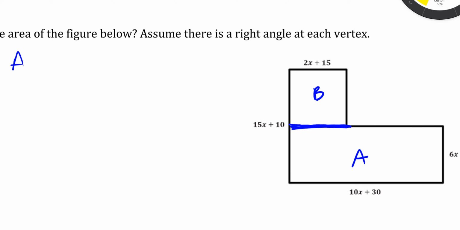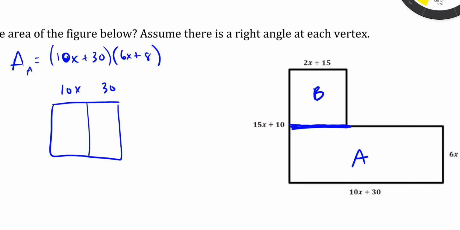Let's see. A, we have the right amount of information for. I have a length and I have a width. So I can say the area of A is equal to 10x plus 30 times 6x plus 8. We could do some multiplication. I have 10x and 30, and I have 6x and 8.